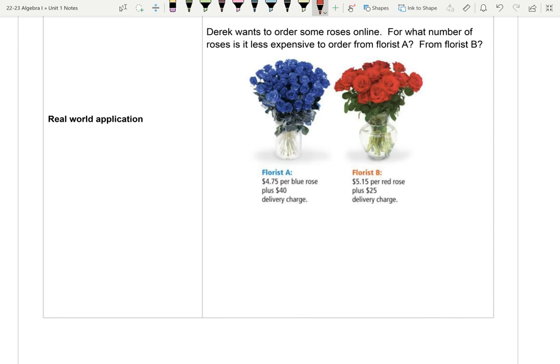So florist A is $4.75 for each blue rose. So I'm going to put an x there, plus a $40 delivery charge. Now florist B is $5.15 per rose, but a $25 delivery charge.